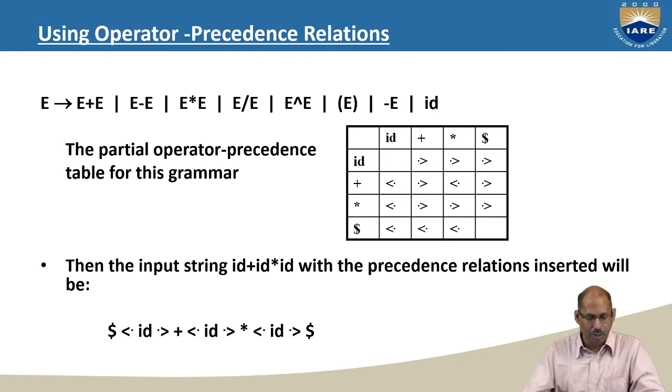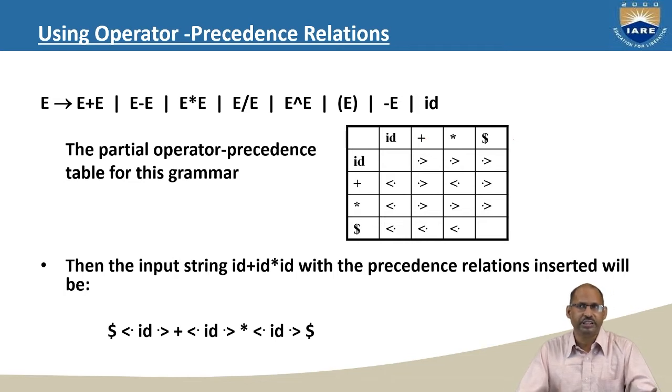This table is called the operator precedence table, and it represents the precedence relations between the terminal symbols. So here, ID.